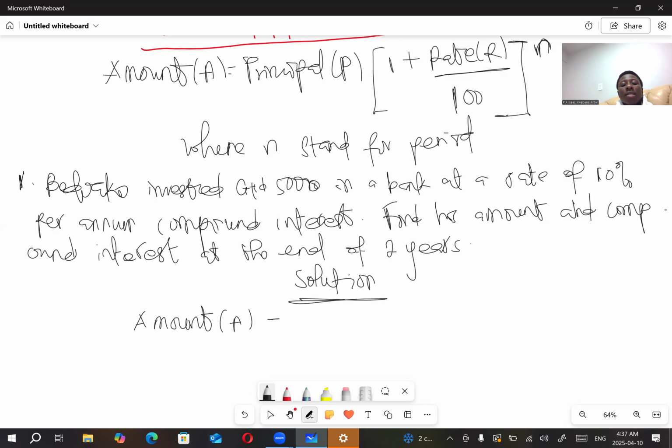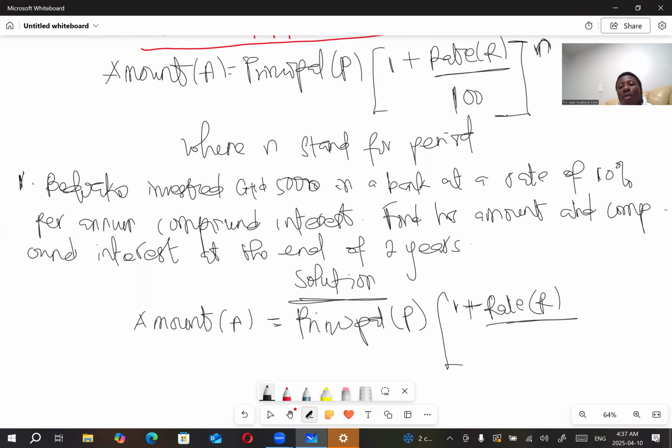So the formula says amount is equal to, I always like to do this, principal, then I put P in bracket, so that if you see me using these symbols anywhere, I do not have to explain to you. Rate into bracket R over 100, remember, we are dividing by 100 because all the time the rate is in percent. And to solve anything in percent, you divide by 100.